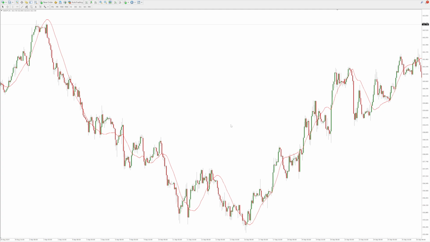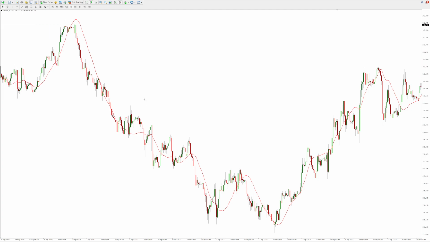As I said many times, I prefer to use the higher chart time frames just because I find the signals tend to be more reliable. That applies to technical indicators, candlestick patterns, price action analysis. So the 1 hour chart, 4 hour chart, daily, weekly, monthly. I prefer to catch big moves on these charts.